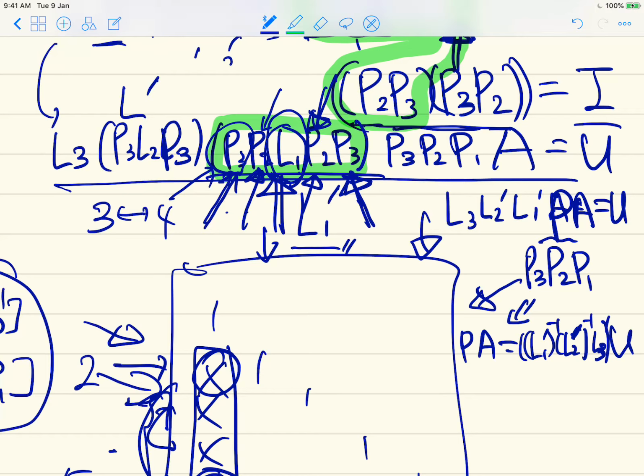Okay, so in the case of L3, it doesn't have any additional permutation. So L3 will be the same as the original. L3 prime is the same as L3. So we can obtain this, right?